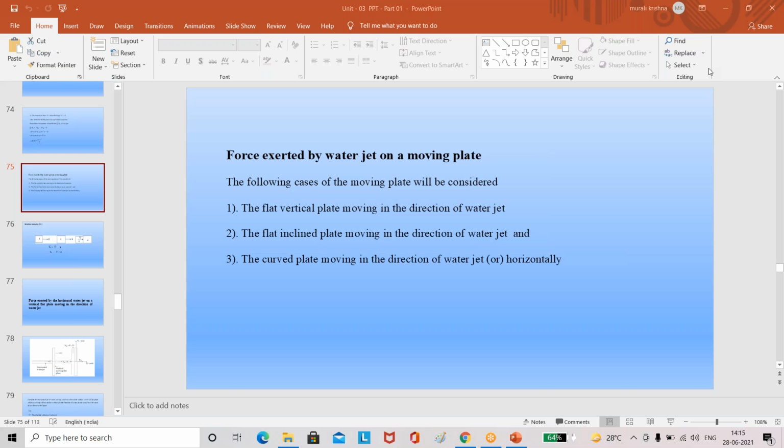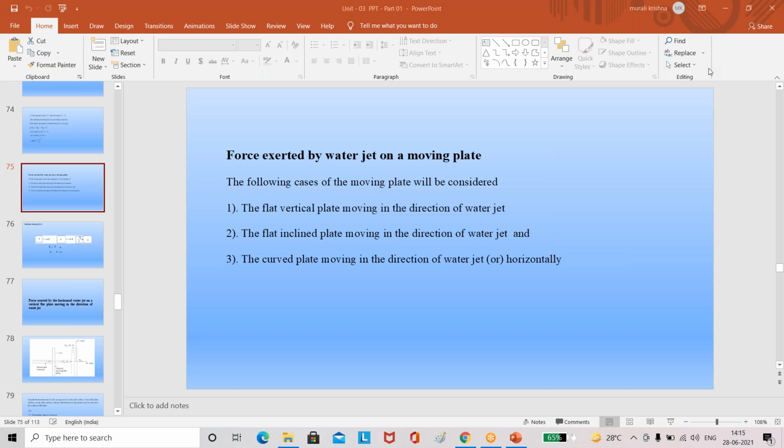In this moving condition also, we apply Newton's second law of motion. But in order to understand the equation of force exerted by water jet on the moving plate, first we are going to see what are the different conditions we have in this moving plate.